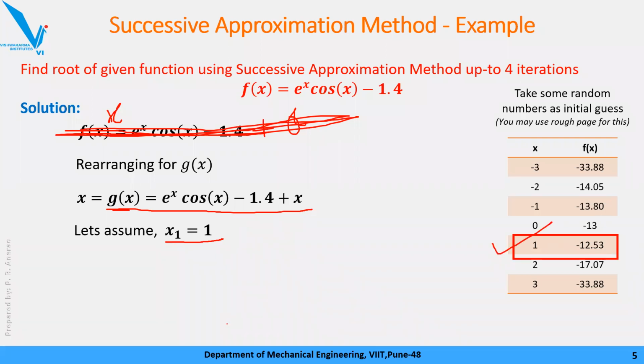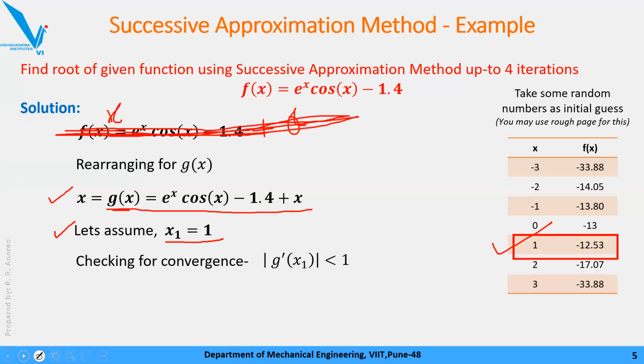First thing, check for convergence: the g of x you have taken and the combination with initial guess x1 equal to 1, are they going to give you the root? Are we going towards the root? We need to check it, otherwise it will cost us a lot of time and we will not reach the root. So we need to check for convergence.